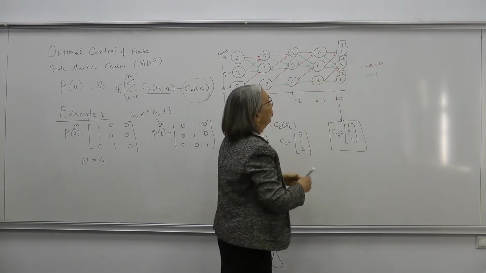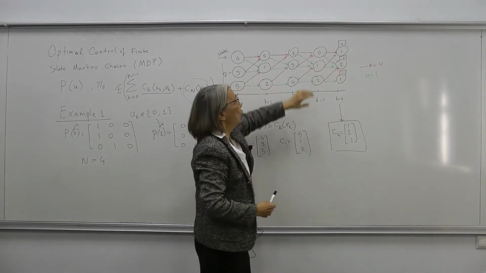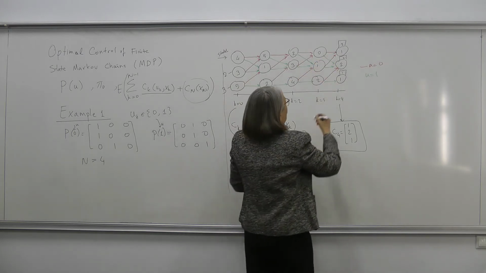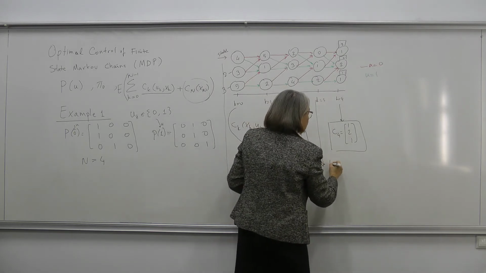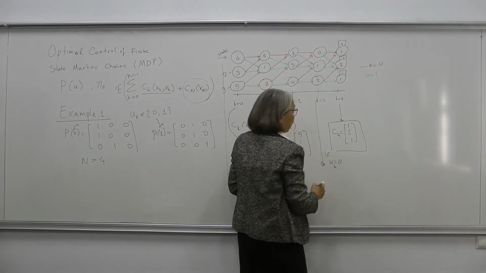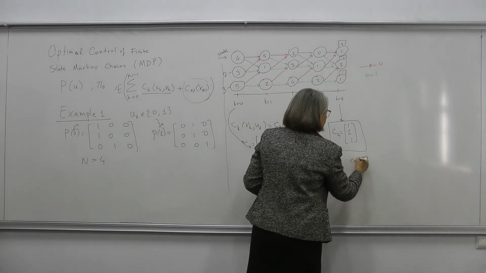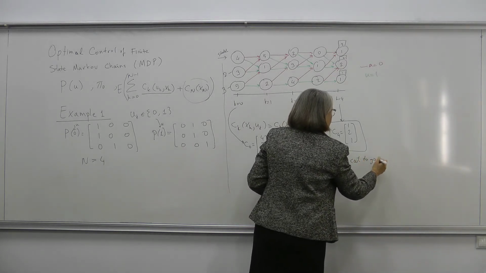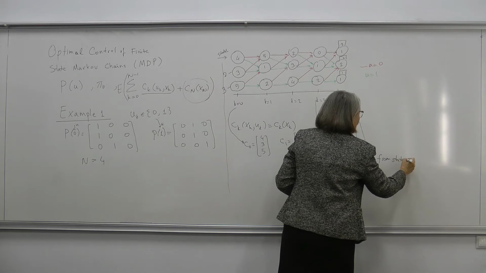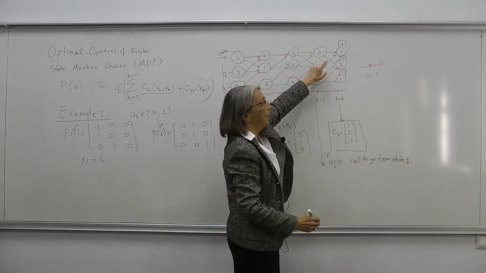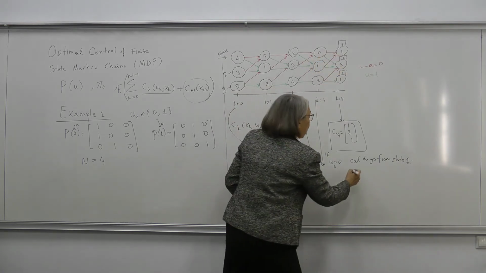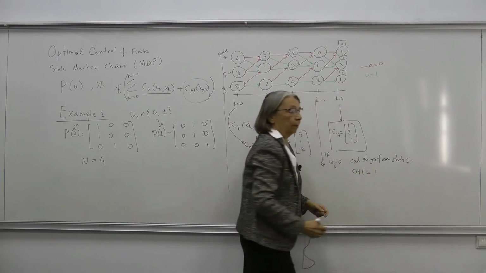If we choose input as 0, that is, the input at time k is equal to 0, then the cost to go from state 1 can be computed quite easily: it will be equal to 0 plus the cost to go of this function, 0 plus 1, which is equal to 1.